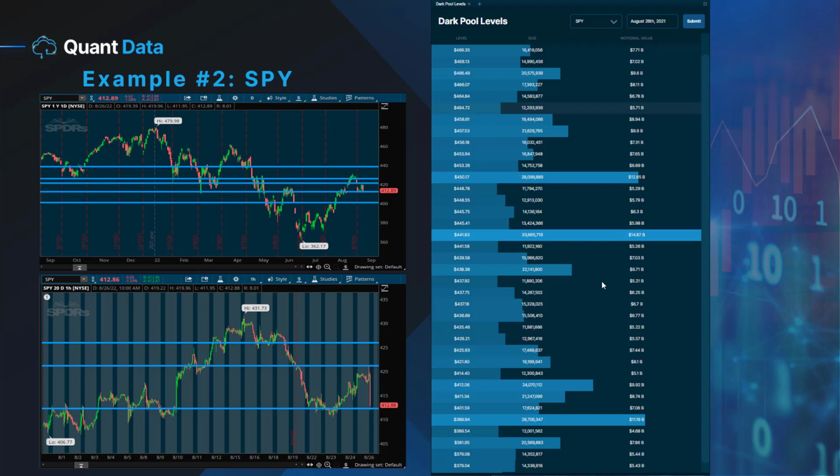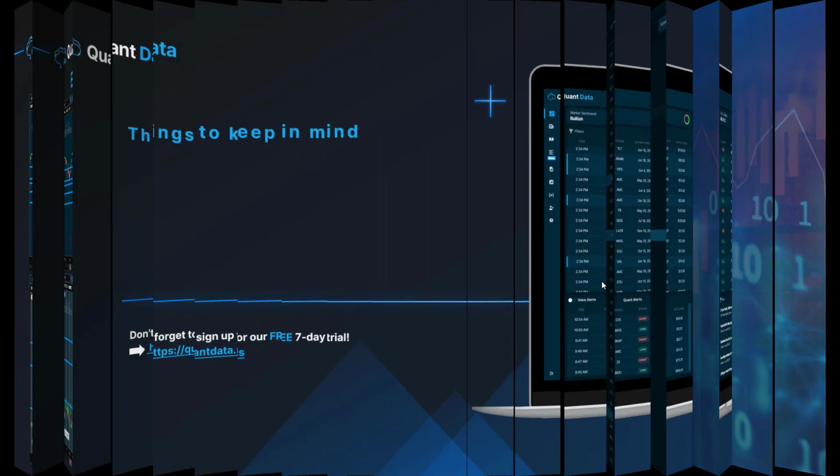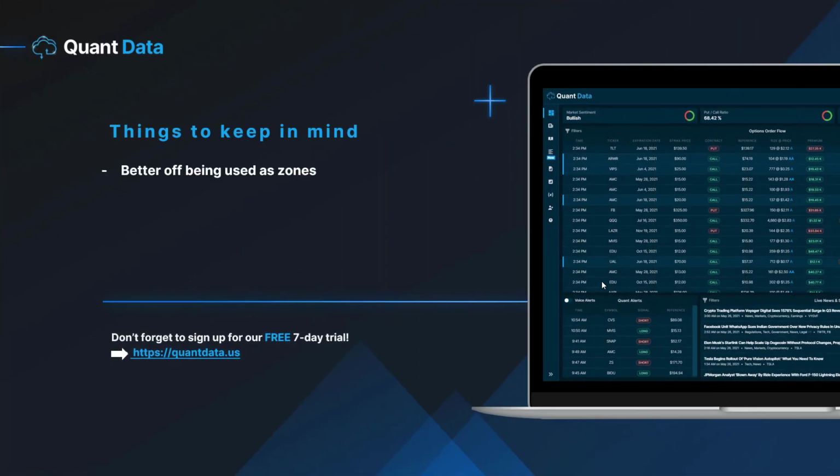Let's move right into some things to keep in mind when trading with dark pool levels. The first is the levels are better off being used as zones. The reason for this is because, like I said with SPY, when you have such a volatile name, you're not really going to expect it to respect something to the cent, right?